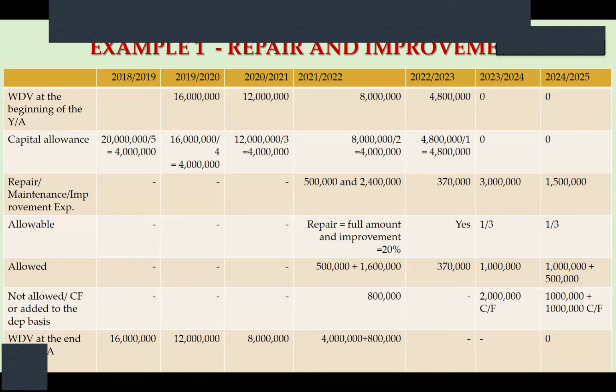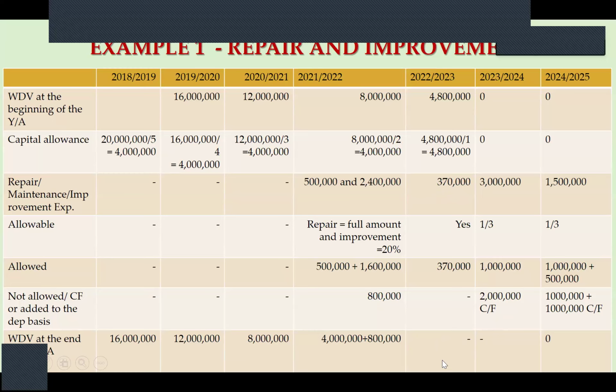Zero. So written down value is 0 for the year of assessment 22-23. Then we have to consider the repair amount, that is 370. Total repair amount can be allowed as a deduction, no restriction. Then the written down value at the end of the previous year is 0.